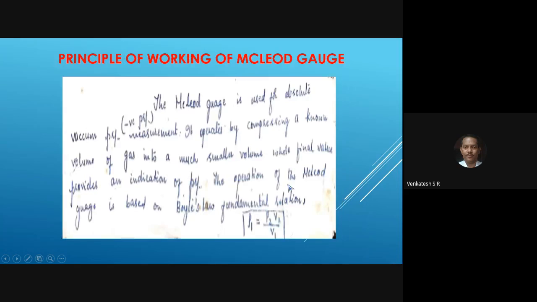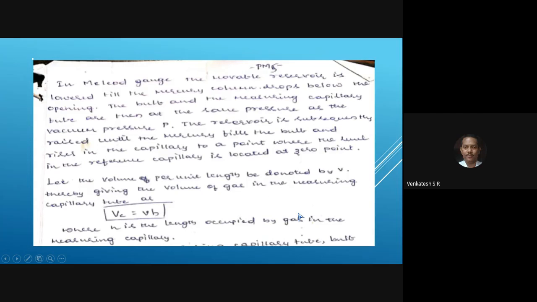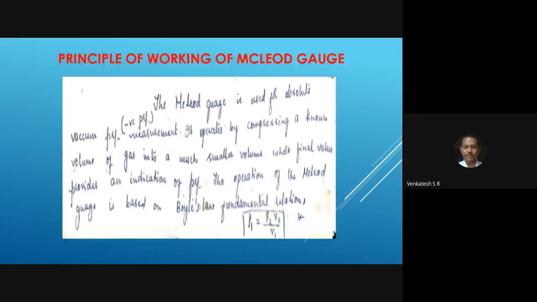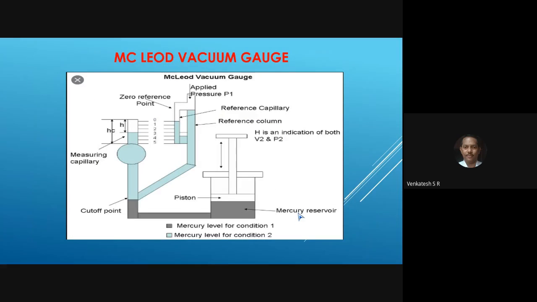Substitute these values and you will get the pressure. This is the simple relationship. This is very, very important; you can mark it. This time you will have this question in the examination.